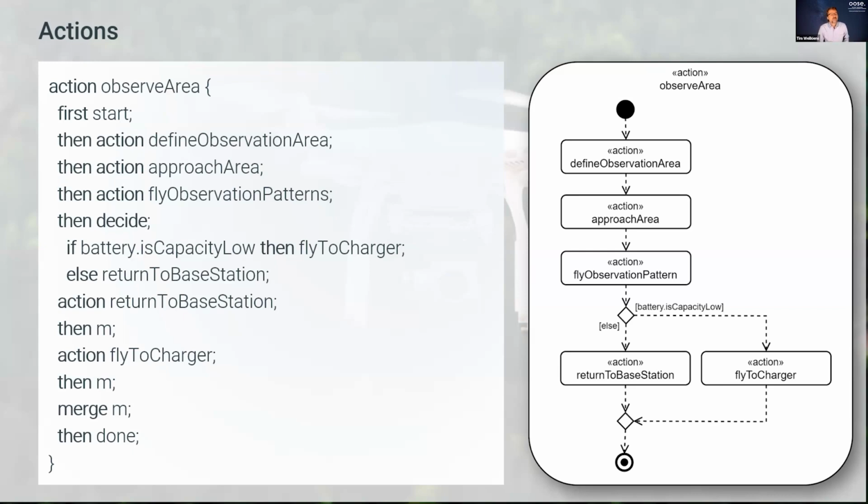And on the left side is the textual notation of the same model. It looks like a programming language. We have the statements for the order: first start, then do this, then that, and so forth. And we have an if statement and so forth. Of course, it does not show everything. You can do much more. There are loops and forks and synchronization nodes and so forth.